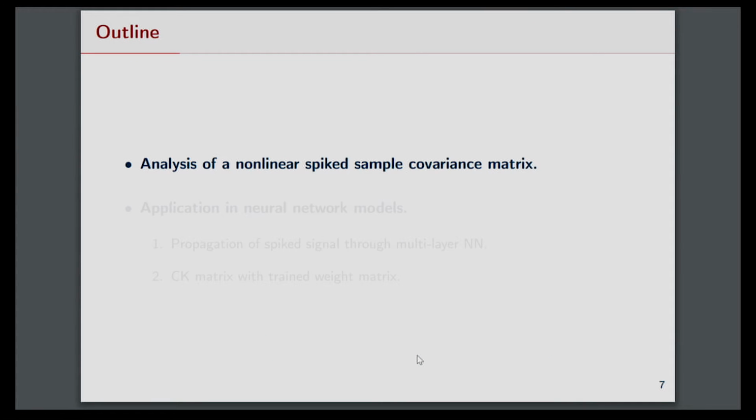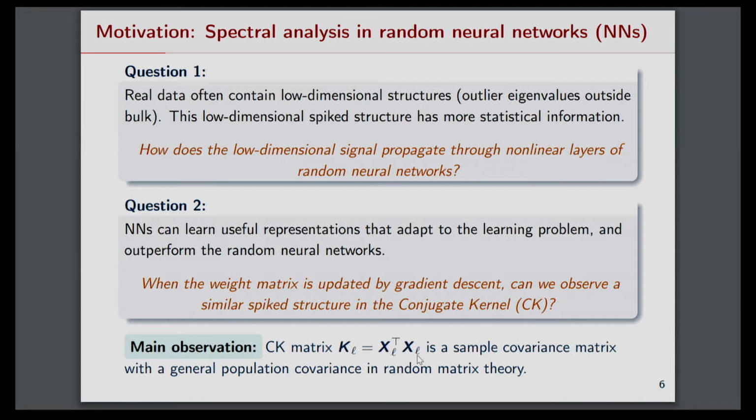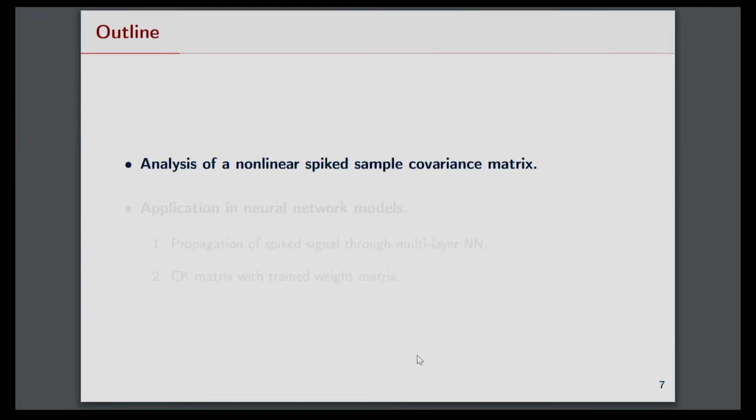Here is the outline for this talk. First, I will talk about the general random matrix theory for this nonlinear spiked sample covariance, since this KL matrix essentially can be characterized by a nonlinear spiked sample covariance matrix.